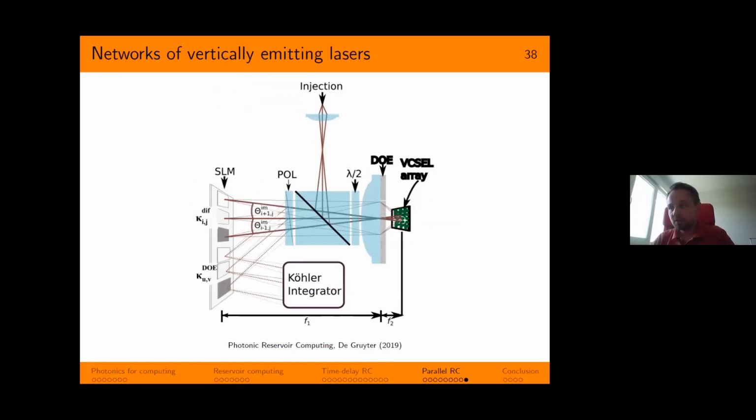And to go even further, one could replace the SLM by another optical device, such as the laser again, or in this case, an array of lasers, distributed spatially, which have a richer and faster dynamics to create reservoirs with more computational power. You may have noticed a similar strategy between these parallel devices and time-delayed devices.